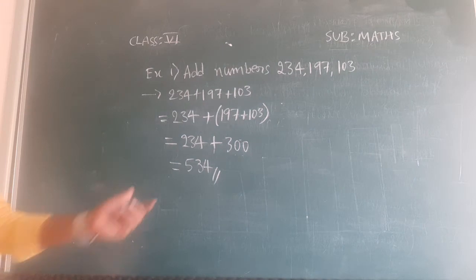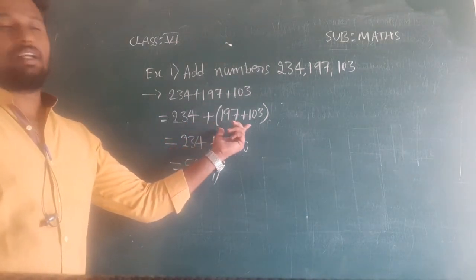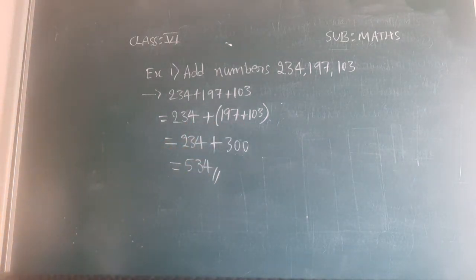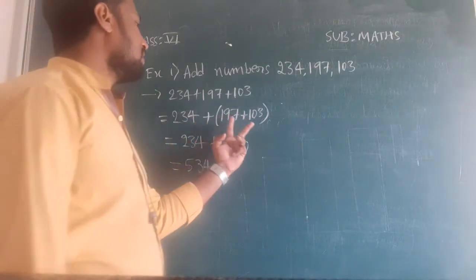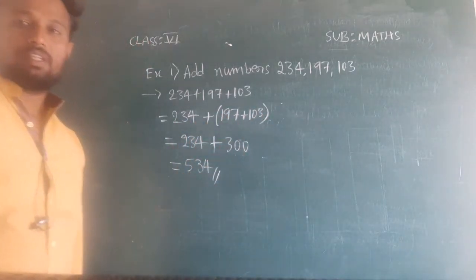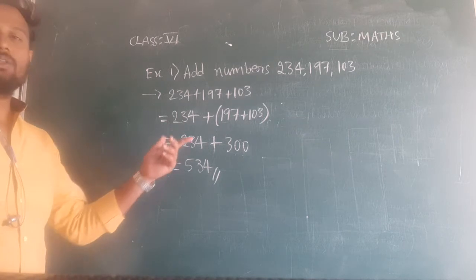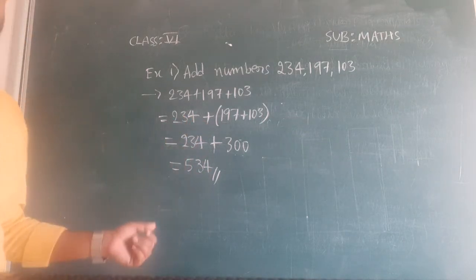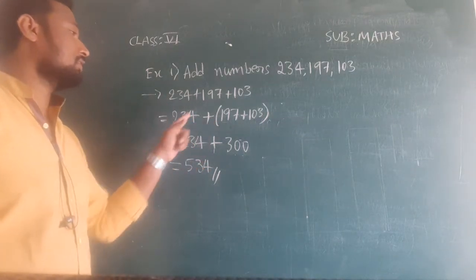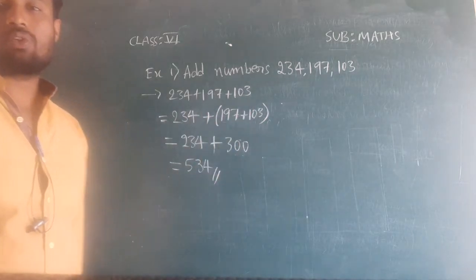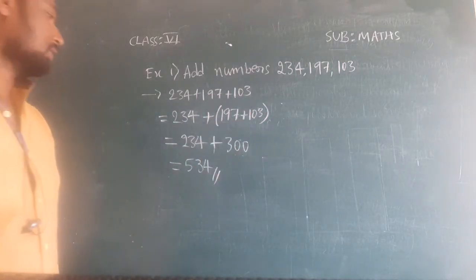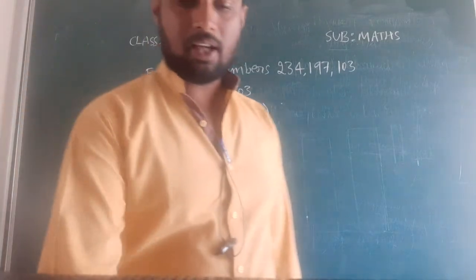So after applying this, we can easily add 197 plus 103. That's why we have taken last two numbers inside the bracket. Otherwise, if it is easy to add first two numbers, then you can consider first two numbers inside the bracket and remaining number outside the bracket. So here we got 534 as the answer.